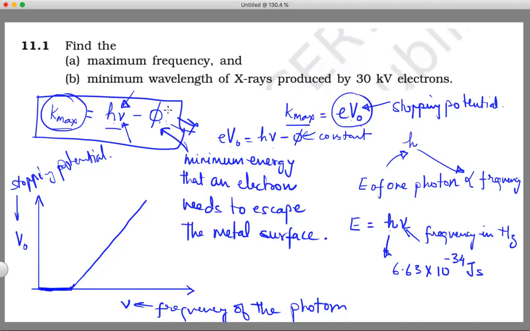Another thing we should remember is that work function is equal to h nu naught, where nu naught is the threshold frequency, which is this frequency. So work function is h nu naught. These are roughly the only formulas we need to solve numericals in this chapter. This is one of the easiest chapters when it comes to solving the numericals.